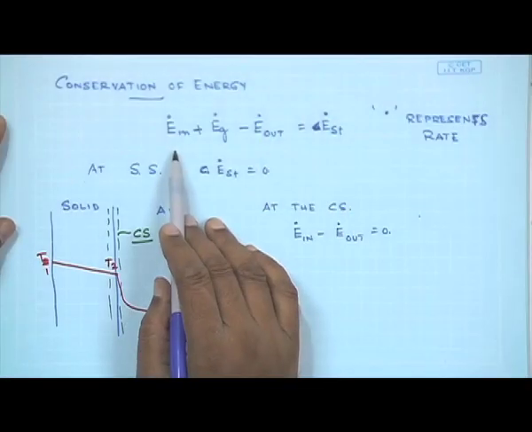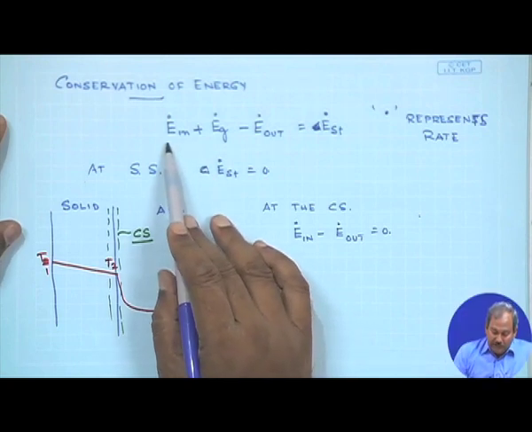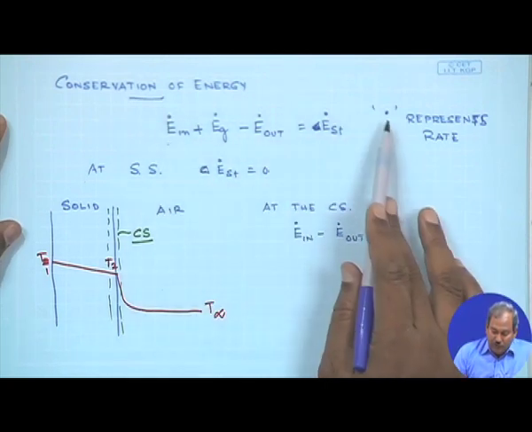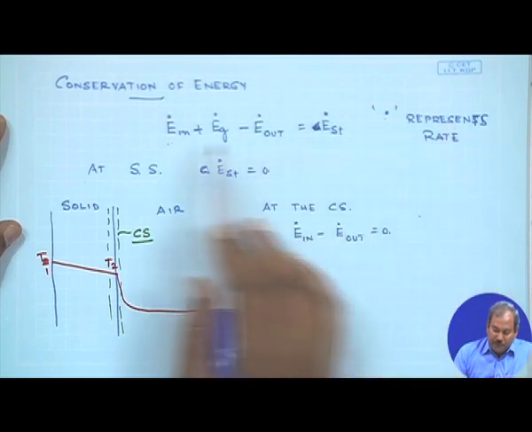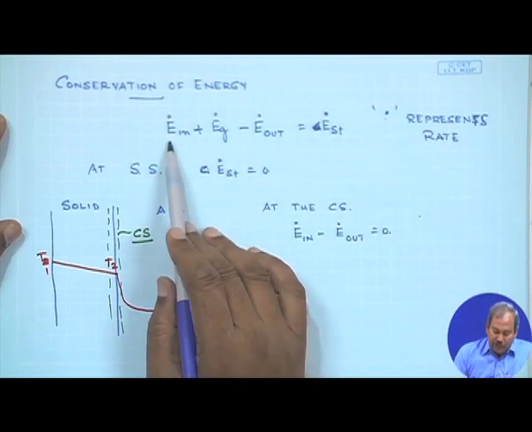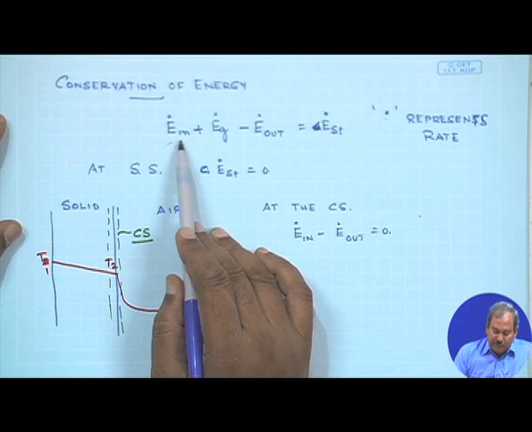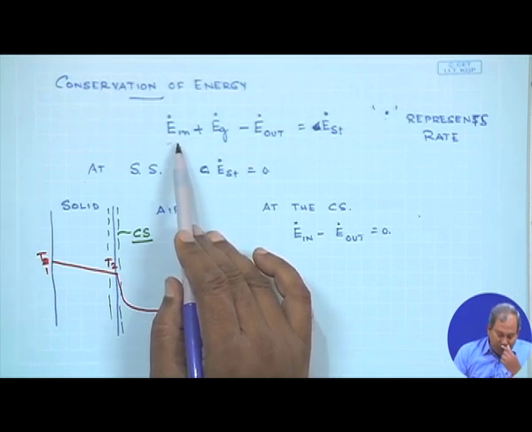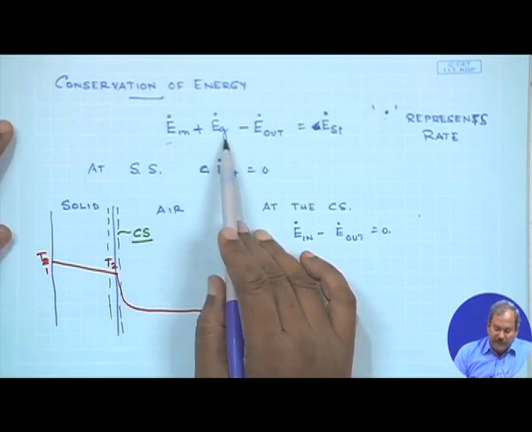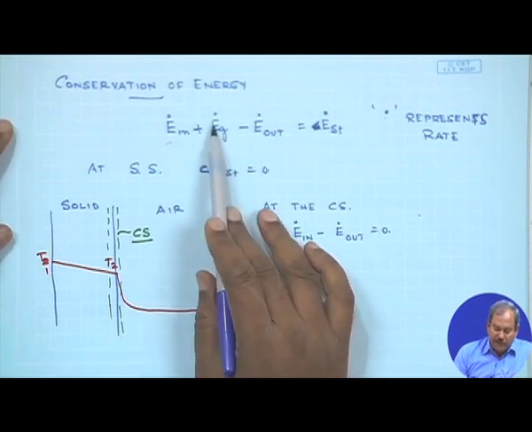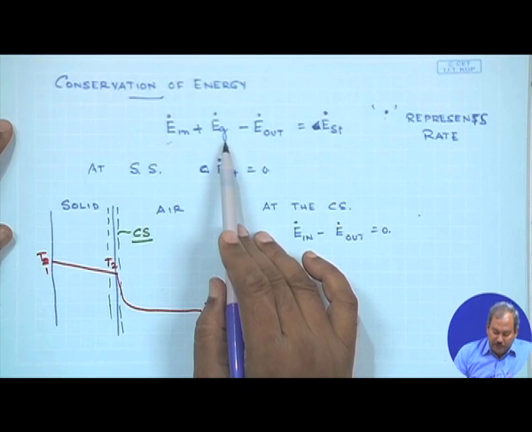Okay. So, we start with the conservation of energy relation, which simply says that the rate, the dot represents the time rate, of energy coming into the system by either convection, conduction, or a combination of both, plus E dot G, where E dot G denotes the generation of energy inside the system.